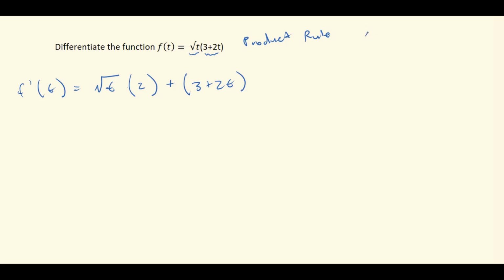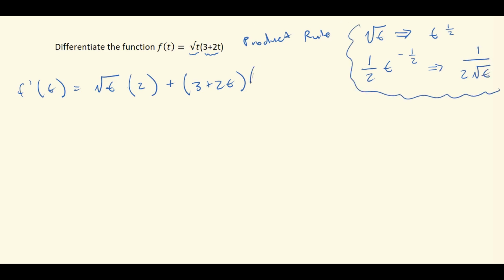Let's see, the derivative of square root of t, we're just going to rewrite that first as being t to the 1/2. And then using the power rule, the derivative will be 1/2 t to the negative 1/2 power, which can be rewritten as 1 over 2 times the square root of t.